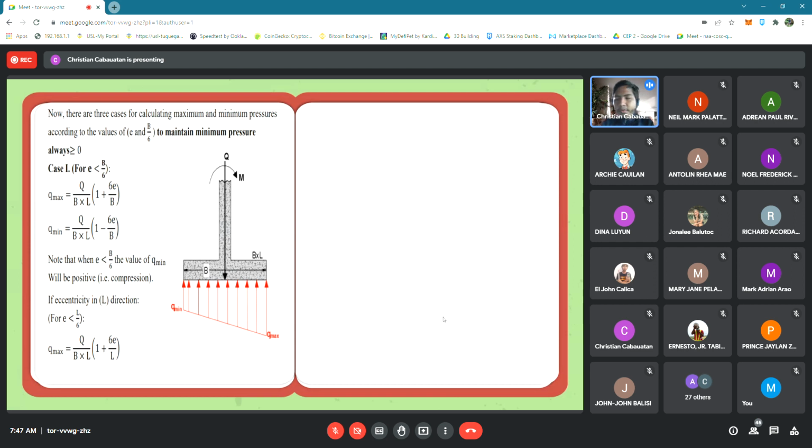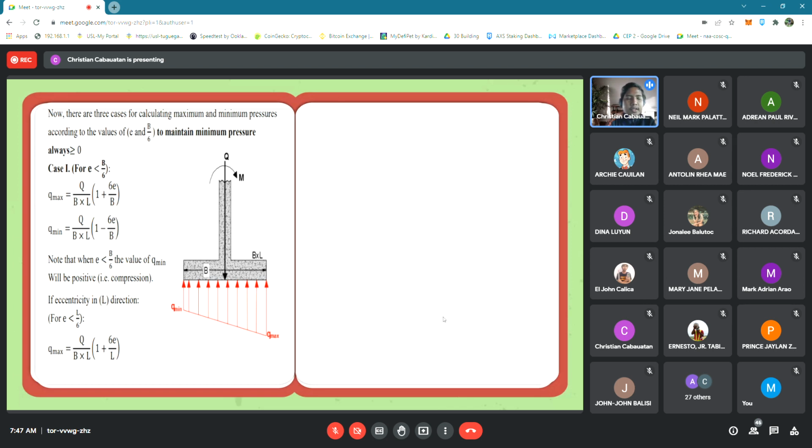Okay? For case 1, okay, if the eccentricity is greater than B over 6. Okay? Mas malaki daw po si eccentricity, yung distance ng kanyang eccentricity, kaysa sa width of the footing divided by 6, or 1/6 of the width of the footing or the foundation.